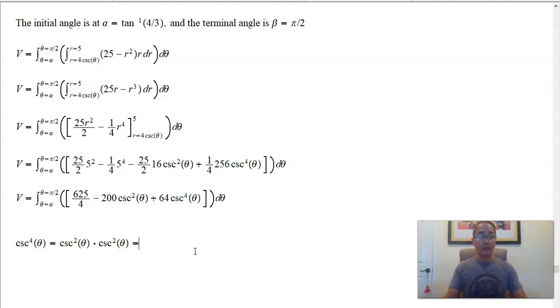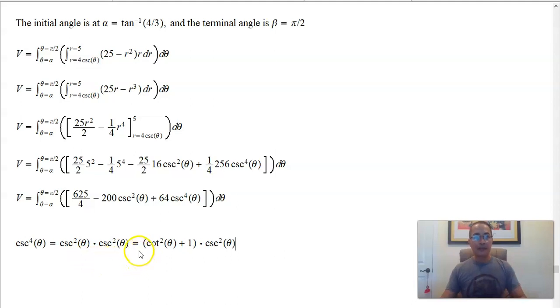So we get cotangent squared theta plus 1. And then the whole thing we multiply to cosecant squared. So 1 plus cotangent squared is your first cosecant squared.